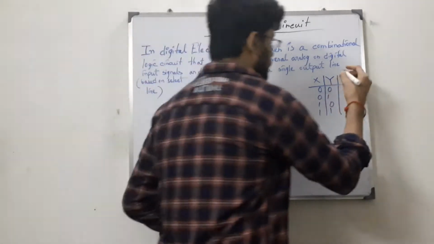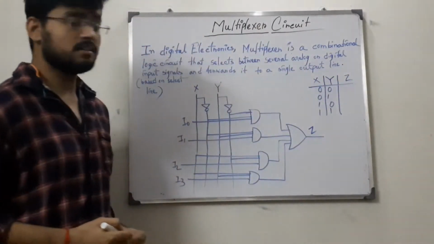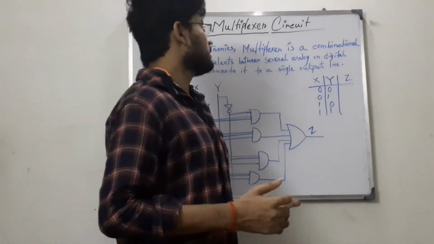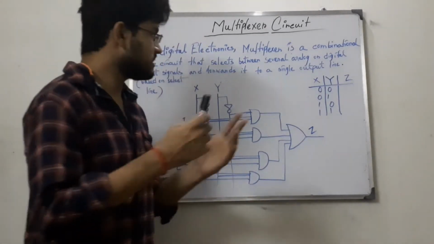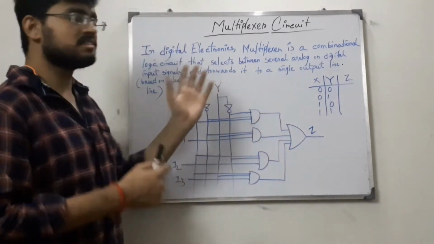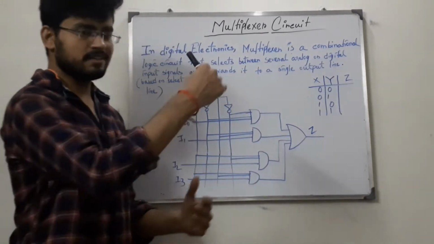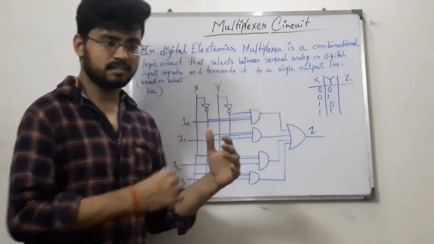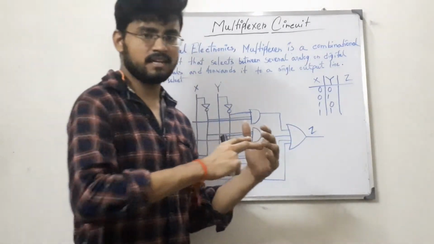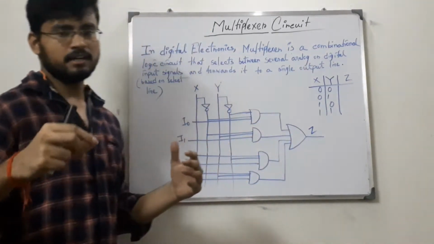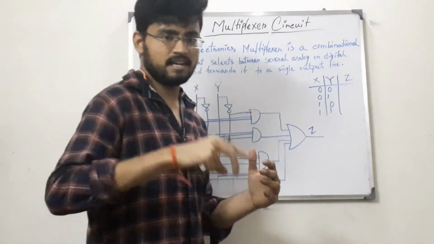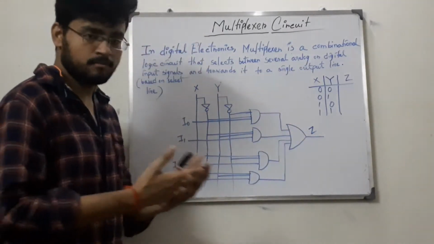So, it has different analog or digital input signals, and from these it selects one input signal and forwards it to the output based on the select line. This is basically the function of a multiplexer circuit.